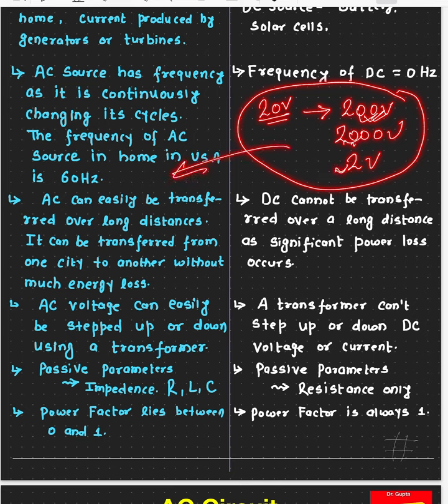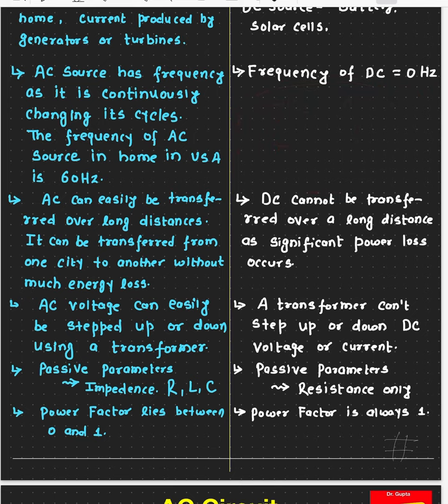That is for the AC. But if you have a battery that gives you 9 volts, you cannot step it up or down using a transformer. The transformer works only for AC voltage. It does not work for DC voltage or a DC source.